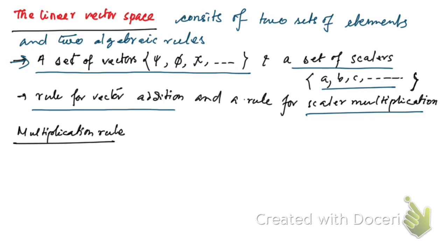The product of a scalar with a vector gives another vector, right?